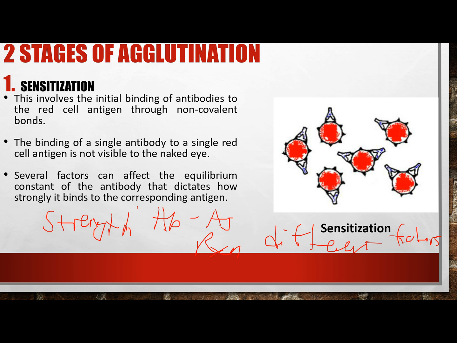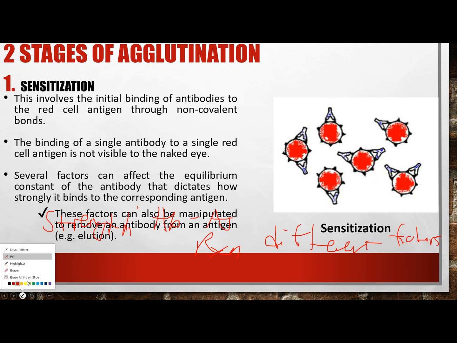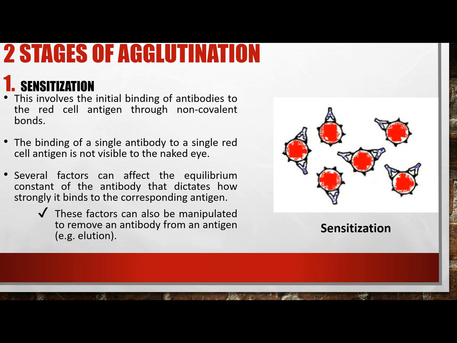These factors, class, please take note, can be manipulated to remove an antibody from an antigen. So imagine, class, if there's already an attachment, by changing the factors you can cause this reaction to detach or to be removed. So do take note of that.